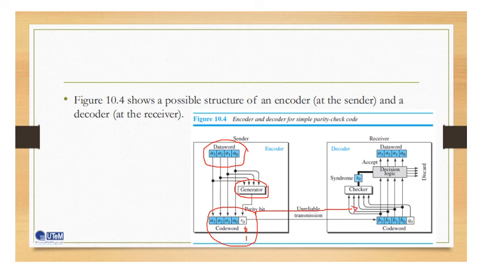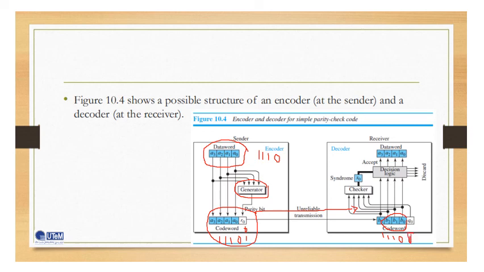At the receiver side, the received code word will be forwarded to the checker. Let's say you transmit 1110, it is added with the parity bit from the generator, so it becomes 11101. The receiver receives 11101, and this code word is sent to the checker. The checker will check whether this parity bit is correct or wrong.